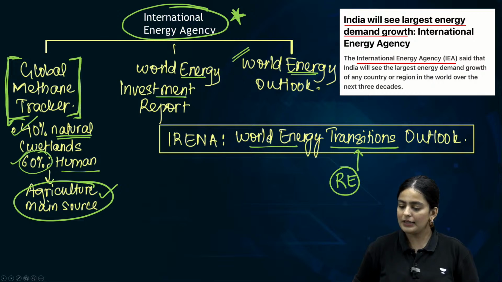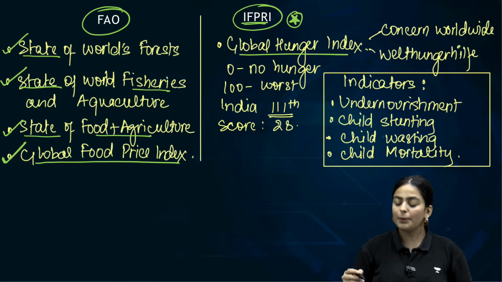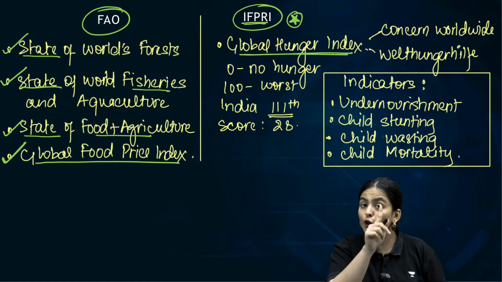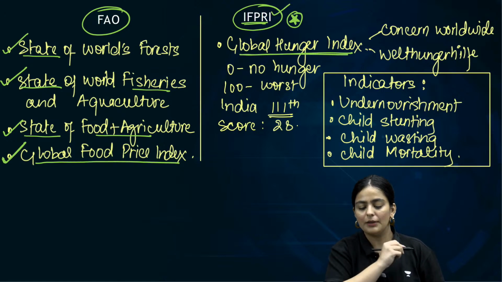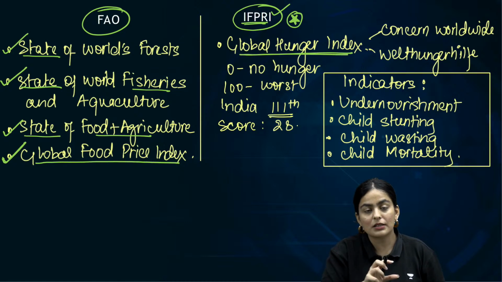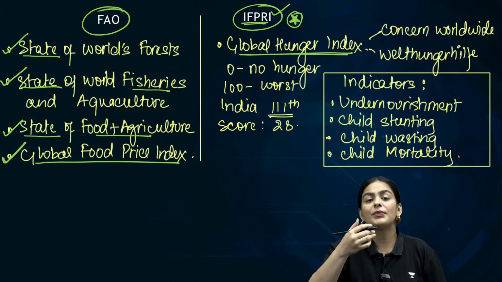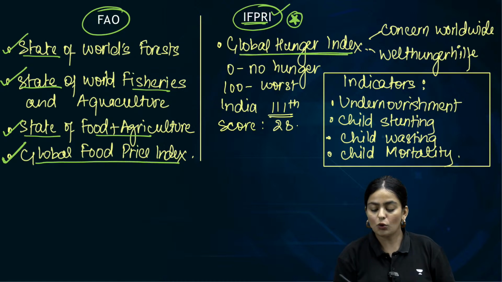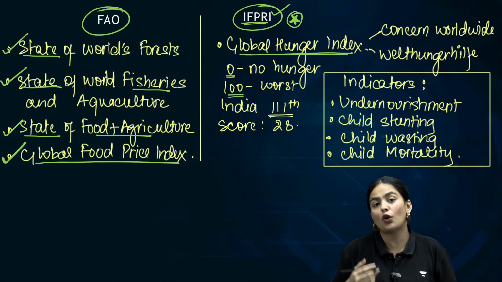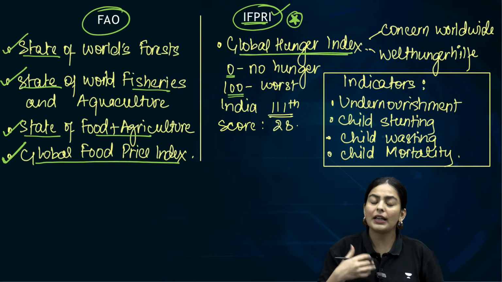Okay, let's discuss this a little more. So when you talk about the Global Hunger Index, first of all, point 1, not FAO, IFPRI. Second point, a score of 0 is best. A score of 0 will say that there is no hunger, and a score of 100 is worst, that is, there is excessive prevalence of hunger. Where does India rank?